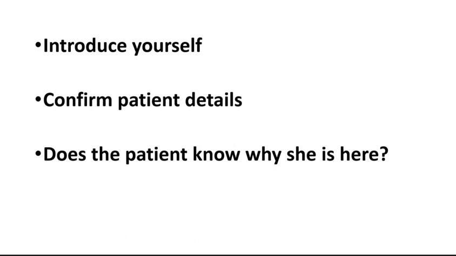Do you have any idea what we are going to chat about? Has any of my team members spoken to you about your condition? Has anyone given you any information about your present condition?" Or simply, "What do you know about your present condition now? Can you please briefly tell me what you know about your condition and what has happened so far?"